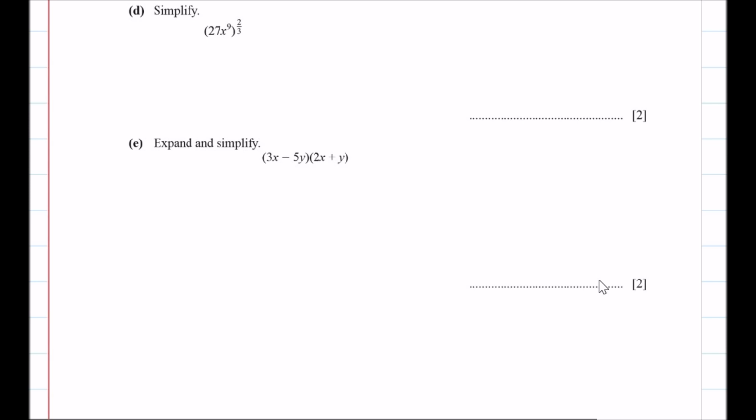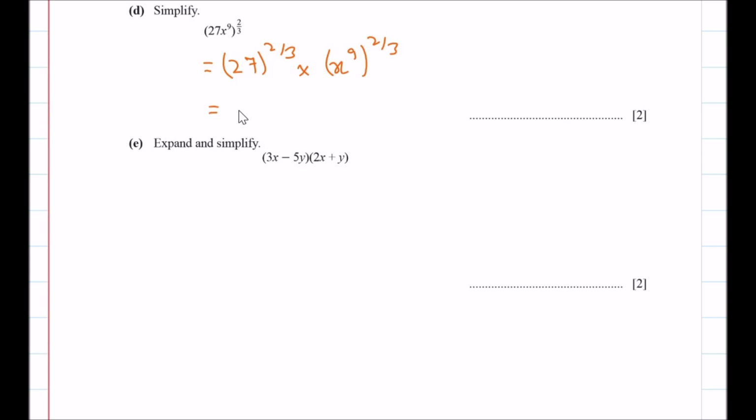Now part D. It says simplify. Here we need to apply the exponent rule. You can see a bracket, and then again we have a power. So we'll distribute the power, or exponent. So let's distribute. We can write 27 to the power 2 by 3 into x to the power 9 to the power 2 by 3.